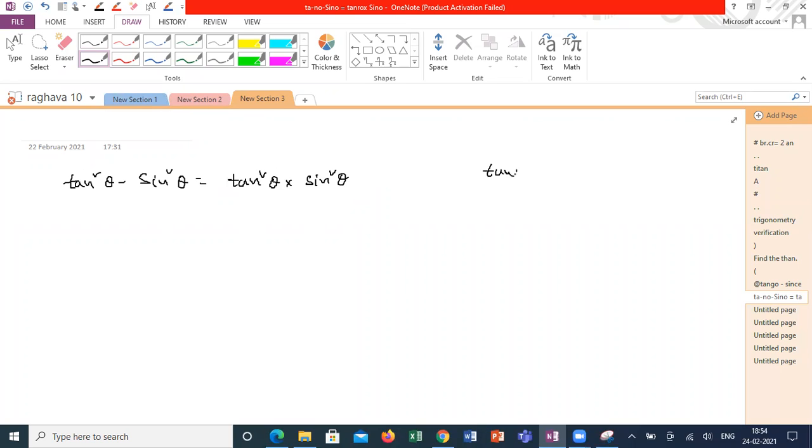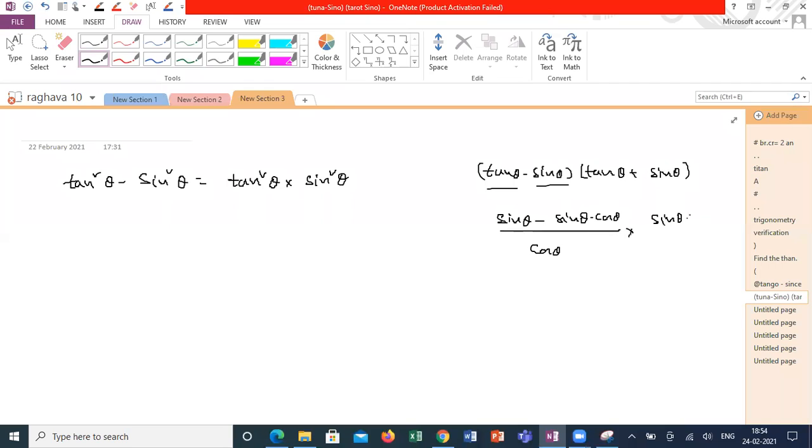Sir, I am doing, sir. Tan theta minus sin theta into tan theta plus sin theta. Will anything be helpful this way? This will be sin theta minus sin theta into cos theta by cos theta, into sin theta plus sin theta into cos theta by cos theta.